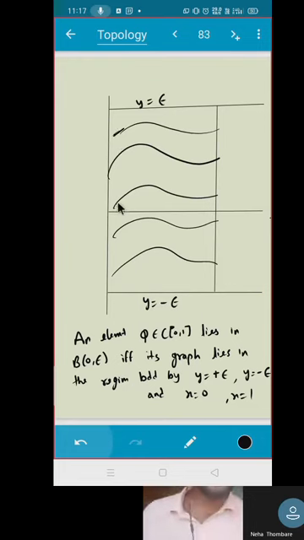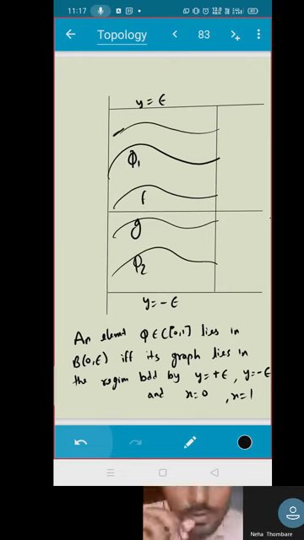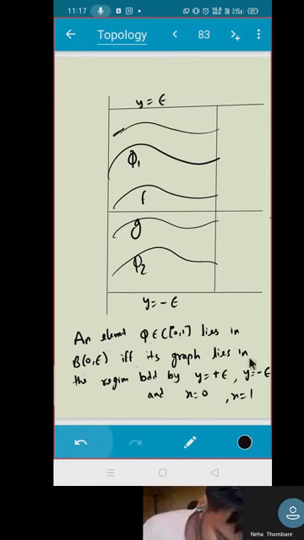Here I am looking at the functions, say phi1, f, g, phi2, something like this. Those functions which are completely lying in this graph are called elements of the open ball. Read this statement. An element phi lies in the B0 epsilon if and only if its graph lies in the region bounded by y equal to plus epsilon, y equal to minus epsilon, x equal to 0, x equal to 1. Is that okay?